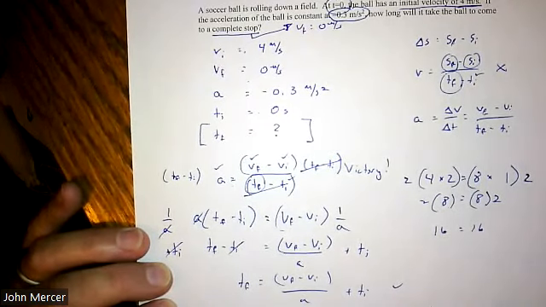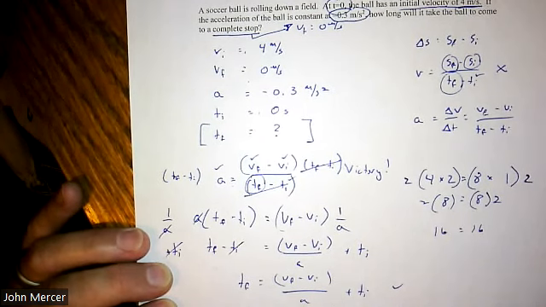Negative divided by negative, that's going to cancel out. And I could do my math a few different ways, but if I just do my math, I'm going to get 13.3 seconds.